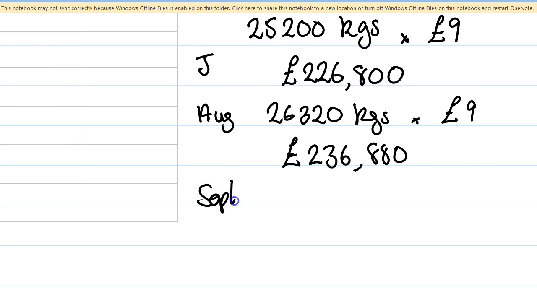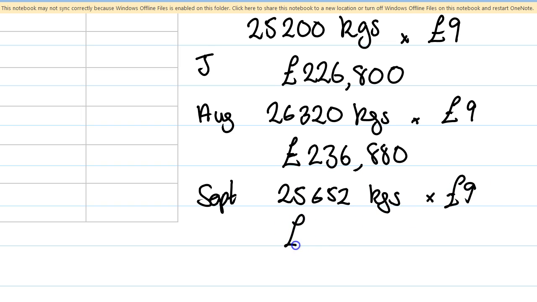September, we have our usage for material A, 25,652 kilos times £9, and that will give us our usage of £230,868.